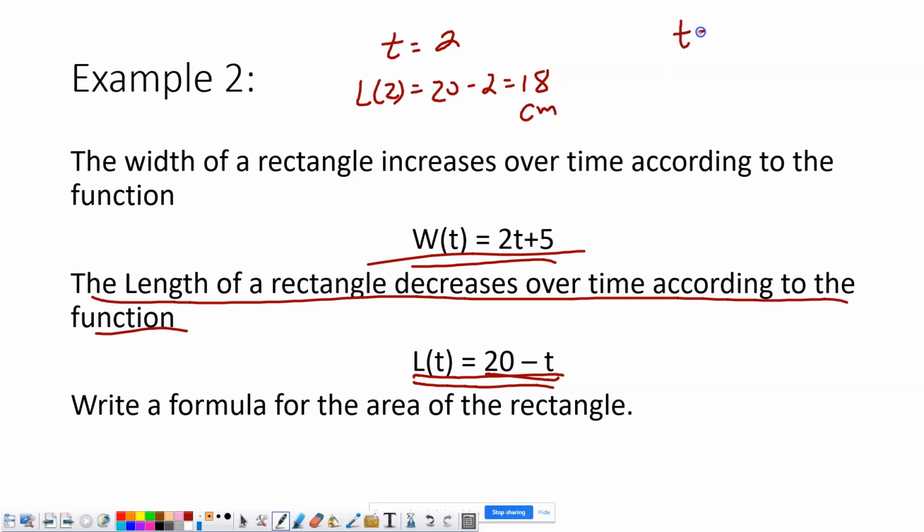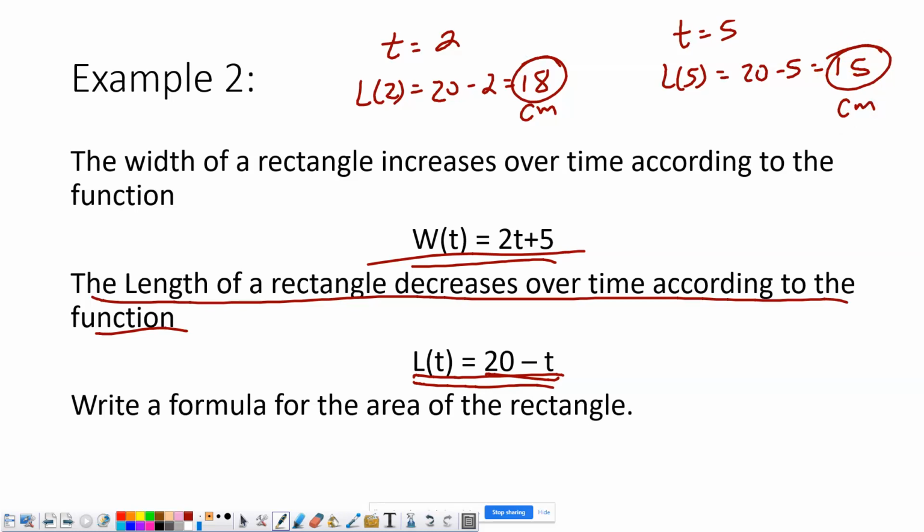What about at 5 seconds? How long will the rectangle be at the 5 second mark? We're going to plug 5 into the L function, and it's 15. So it went from 18 centimeters to 15 centimeters. So it's decreasing in its length.